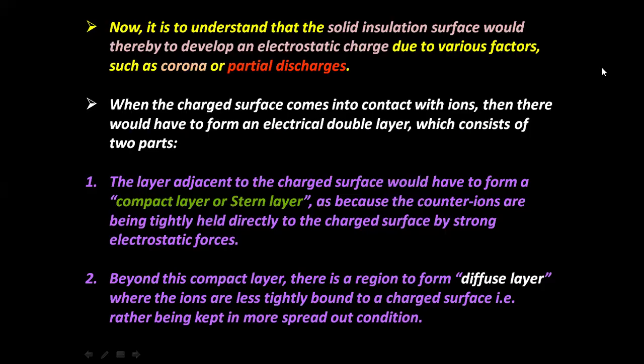Number two, beyond this compact layer, there is a region called the diffuse layer, where the ions are less tightly bound to the charged surface, that is, kept in a more spread out condition.